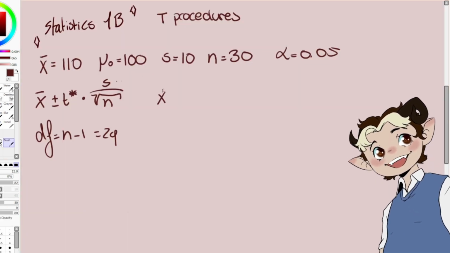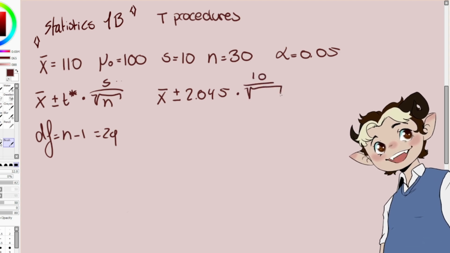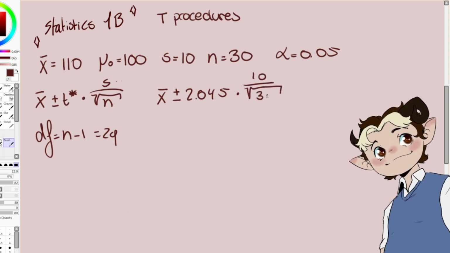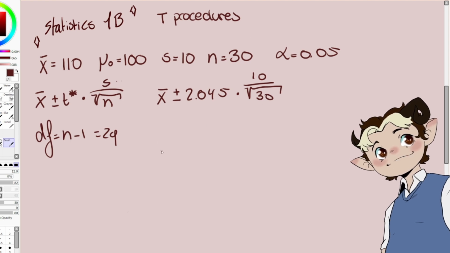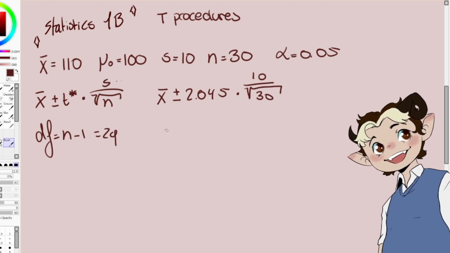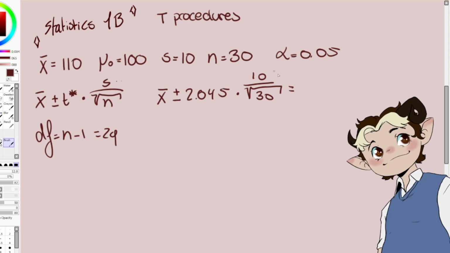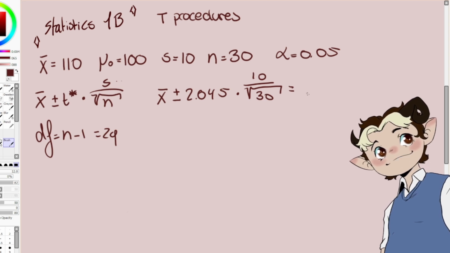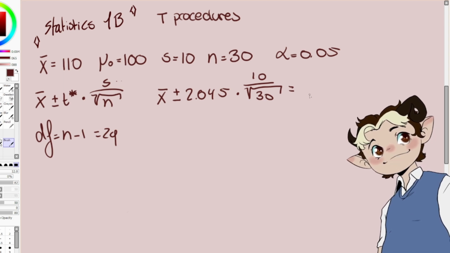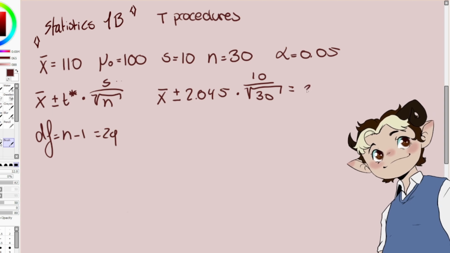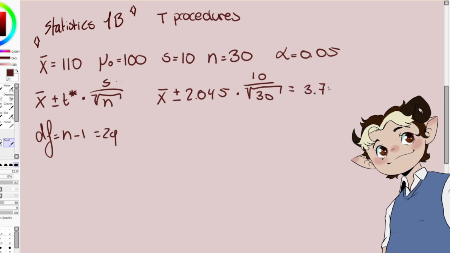So our formula now is 2.045 times 10 divided by the square root of 30. That's it. Then we're going to plug that in. So that would be a total of, let's see, 3.734.